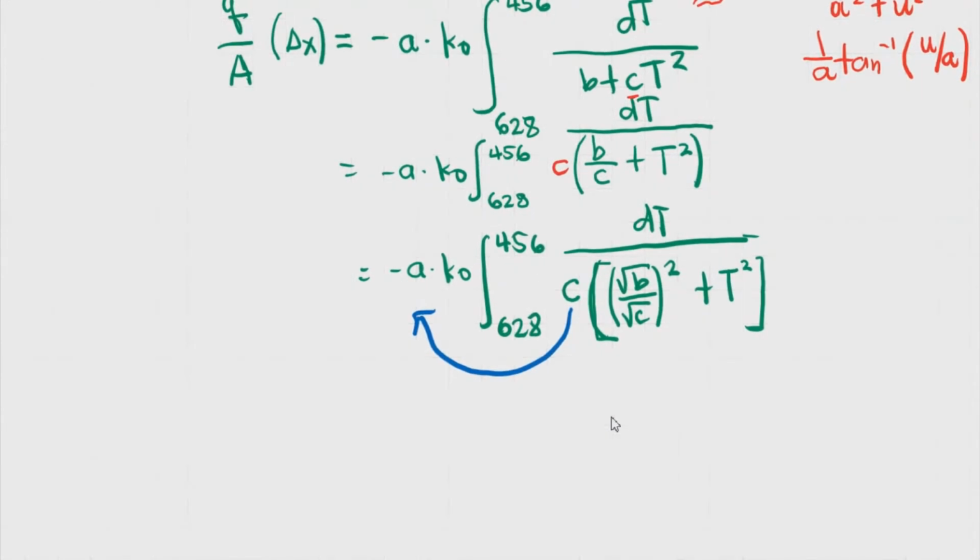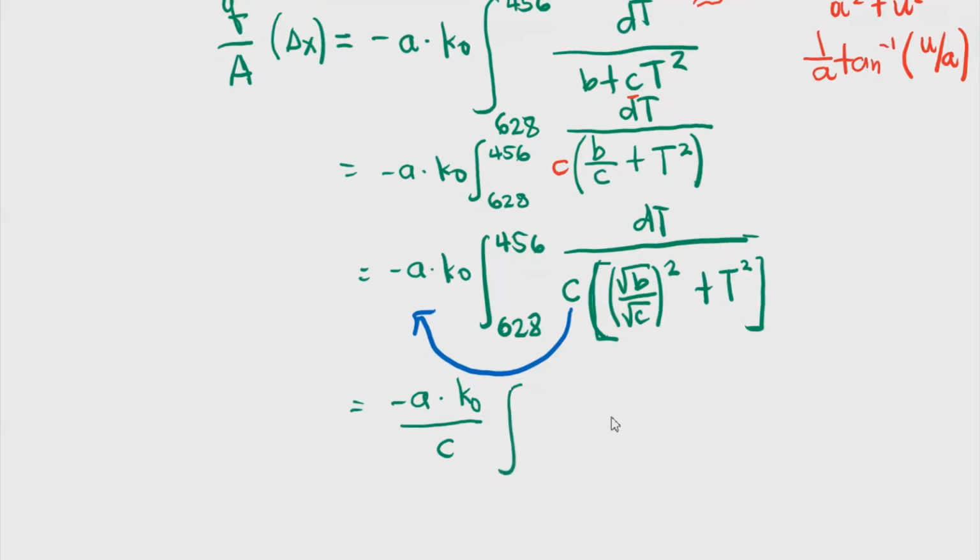So, before we begin, pwede natin siyang i-rewrite muna as negative a multiplied with k sub o divided by c, kasi nasa ilalim siya, para siyang multiplied by 1 over c.